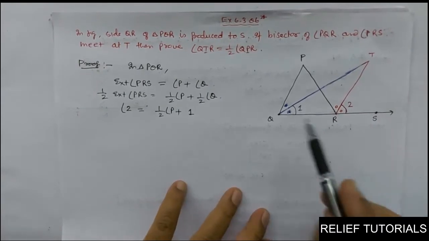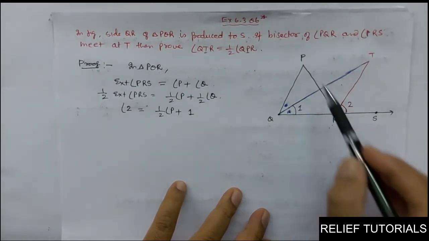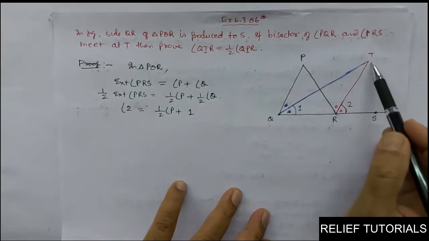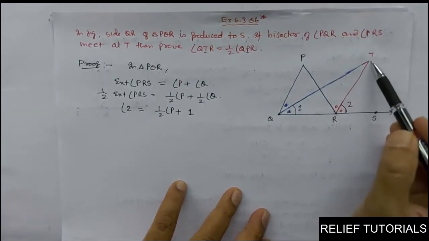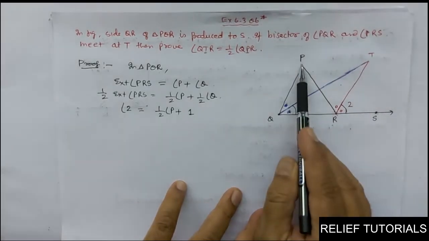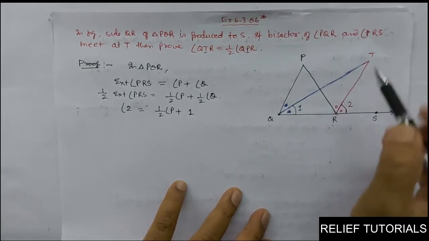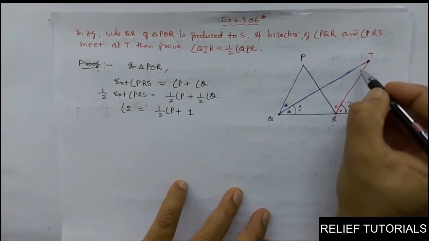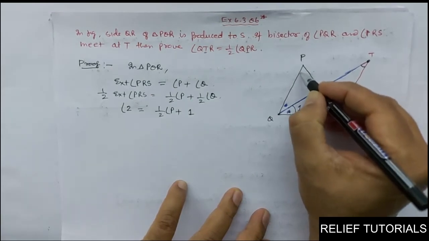In the figure, side QR of triangle PQR is produced to S. And see, this blue line is the bisector of angle PQR, and this red line, RT, is the bisector of angle PRS. Both bisectors meet at point T. Then you have to prove that angle QTR is equal to half of angle QPR.